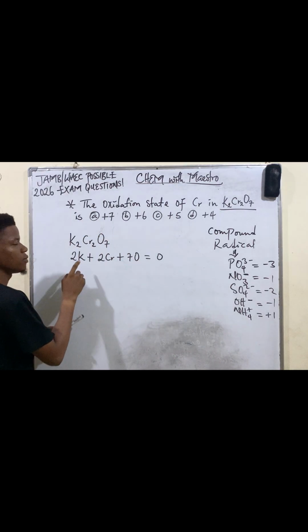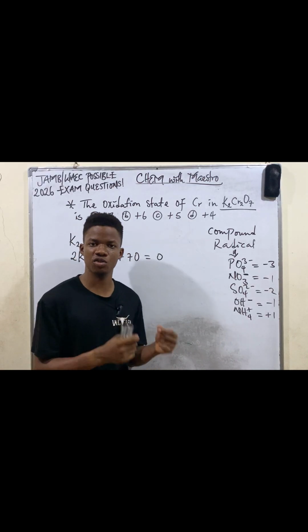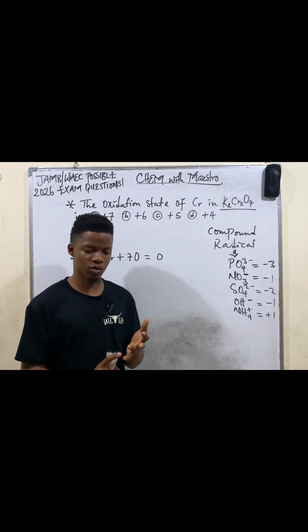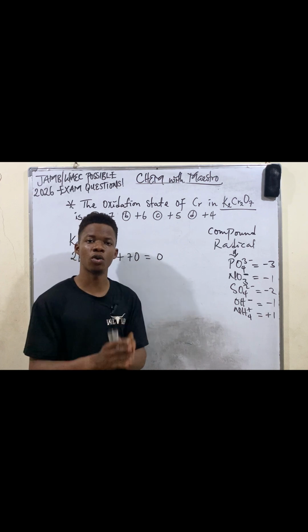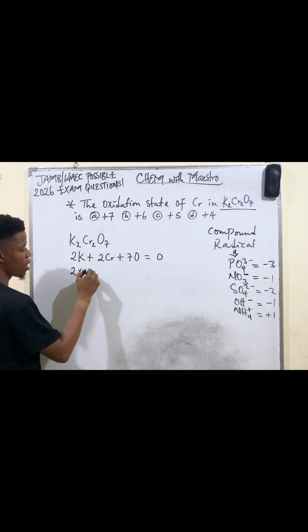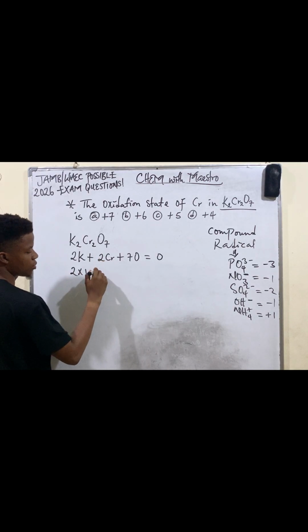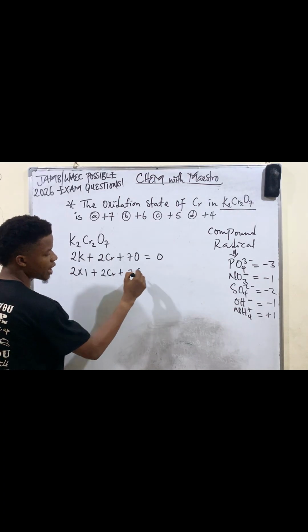Now the valency, which corresponds to the oxidation state: potassium is plus 1, lithium is plus 1, sodium is plus 1, because they are found in Group 1. So it becomes 2 times 1 plus 2Cr, remember I'm looking for Cr, plus 7 times the oxygen.